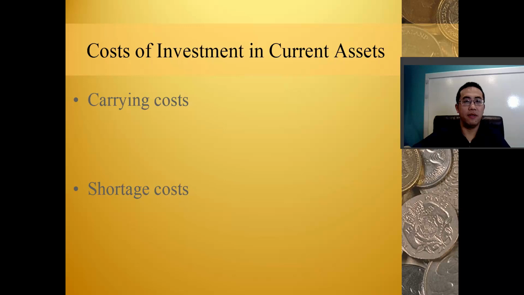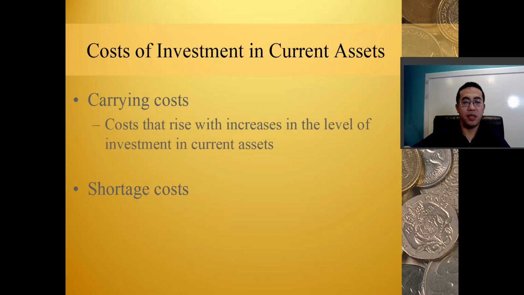So the costs of an investment in current assets are twofold. There is a type of cost called a carrying cost, and that basically is the opportunity cost for hoarding too much cash or current assets instead of investing them. So you are not getting the interest.